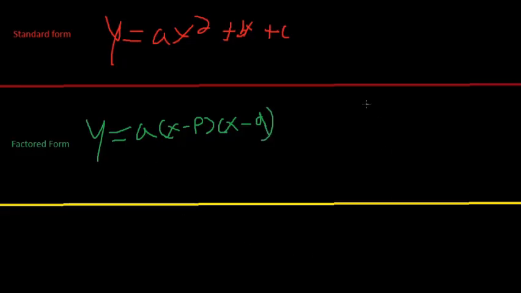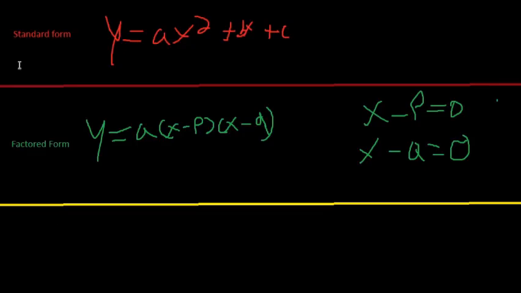So what this means is that if we have x minus p equals 0, we can use that to find the solutions of it, which is the x-intercepts. A quadratic function can either have 1, 2, or 0 solutions. We could do the same with x minus q equals 0.